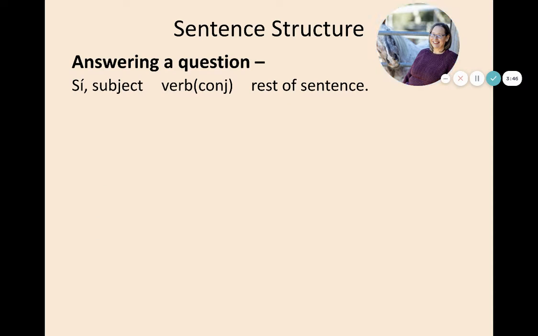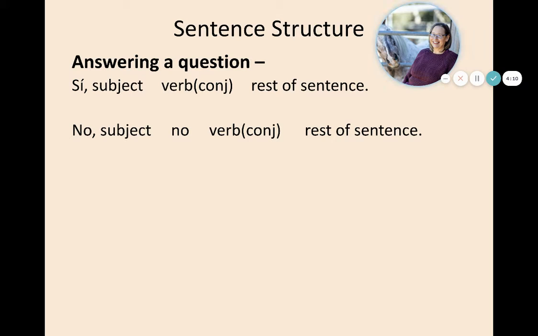Answering a question. If you're answering a yes or no question and you are going to say yes, then you would say sí, and sí has an accent mark on the i. Then you would say the subject of the sentence, the verb in its conjugated form, and then the rest of the sentence.